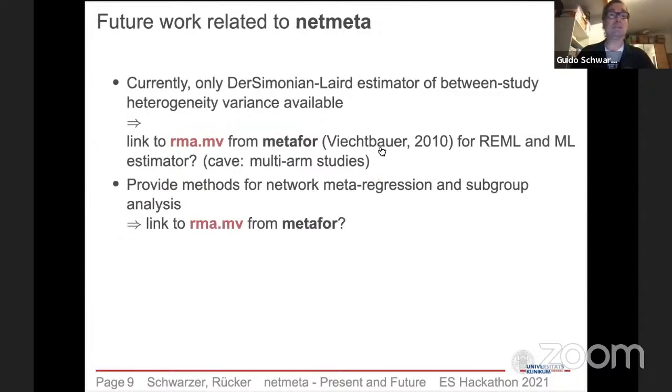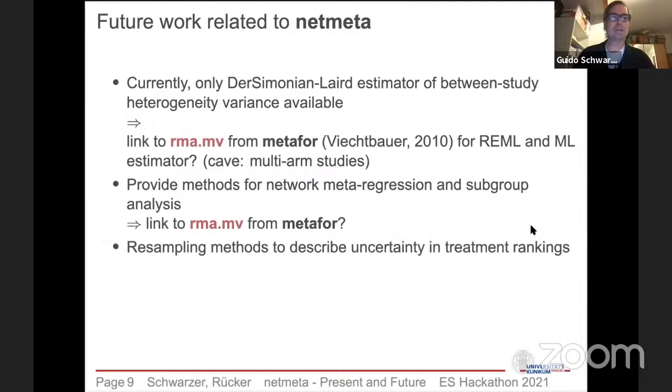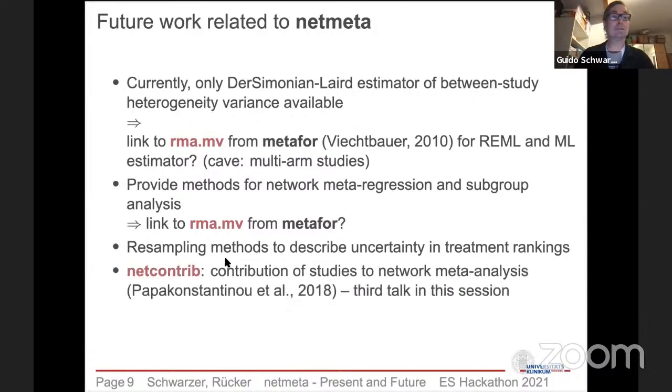If we succeed here, then the next step would be to provide methods for network meta-regression, also using rma.mv, and subgroup analysis. Then we would like to use resampling methods to describe uncertainty in treatment rankings. This contribution of studies Thodoros will talk about in the third talk in the session.